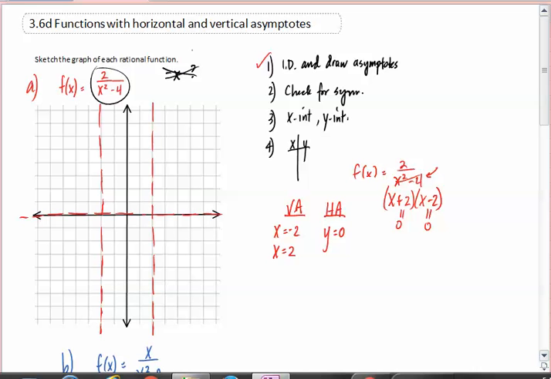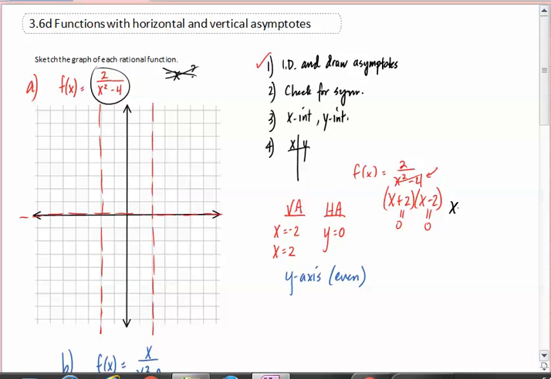So here's what I know about this thing. I do know that it has y-axis symmetry. In other words, it's an even function. Okay, so that's very helpful. That means if I know what's happening here, then the same thing happens over here.